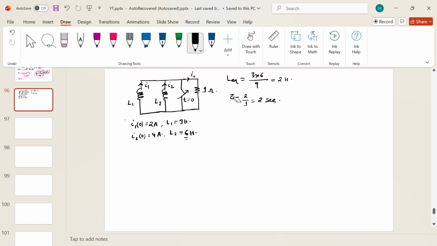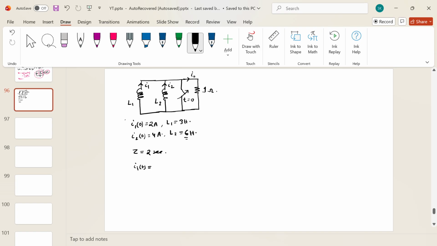Now the entire circuit will depend on this time constant. The nature of the voltages and currents will depend entirely on the time constant of the circuit. Time constant is 2 seconds. Now, for transient circuits, if I write the current equations, for current I1 of t, it is simply a discharging circuit.